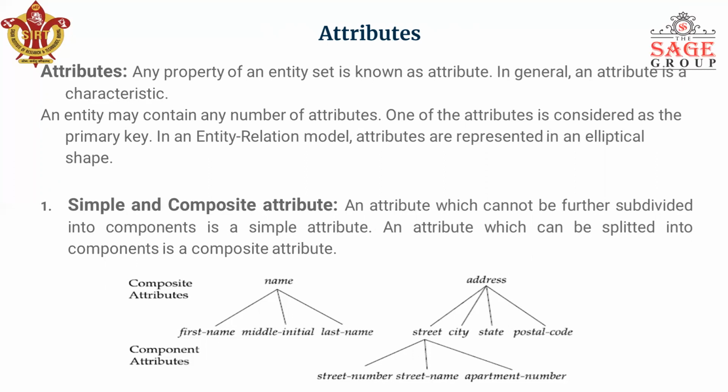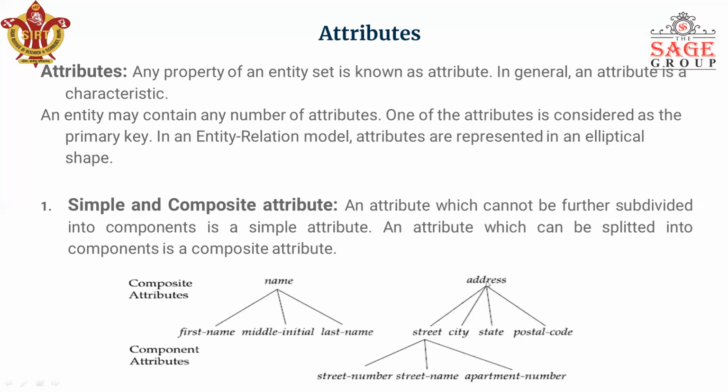Why? Because name can be divided into three subparts: first name, middle name, and last name. But first name, middle name, and last name cannot be further subdivided, so they are considered simple attributes. And name is a composite attribute because it can be subdivided.